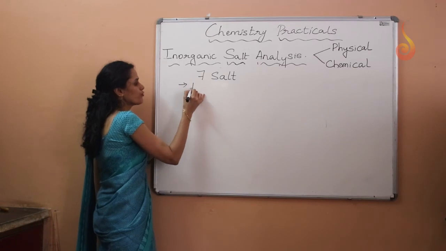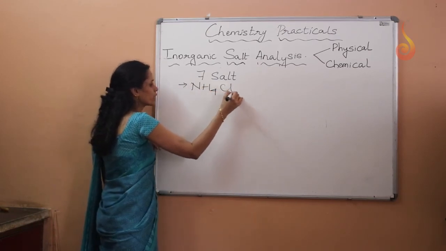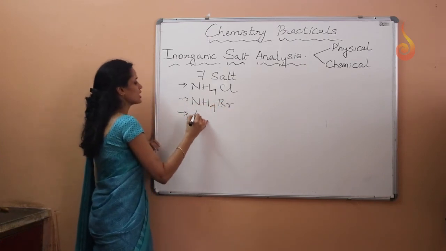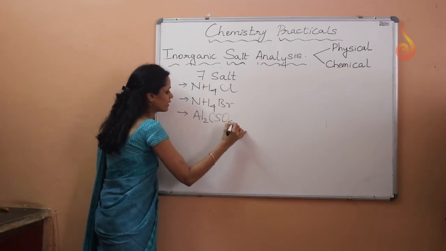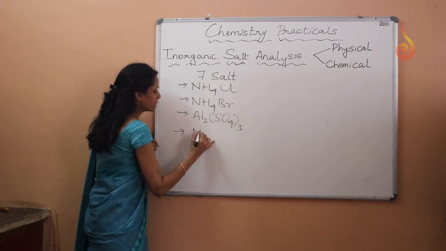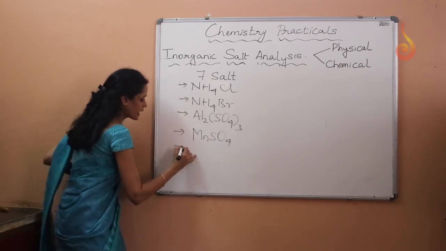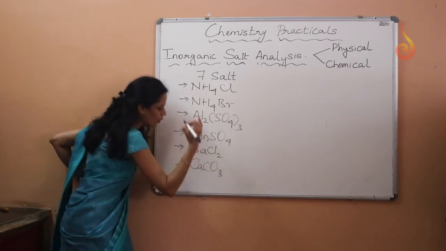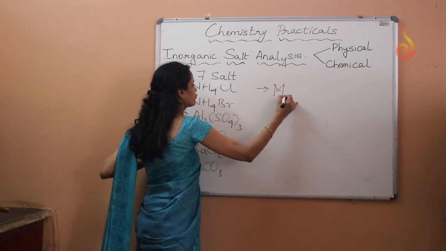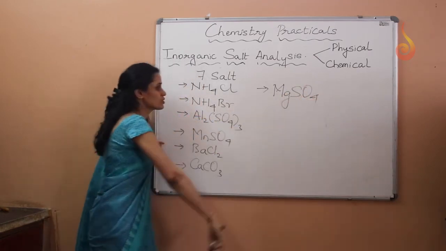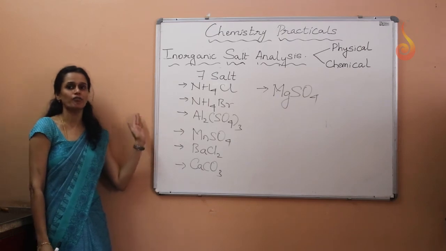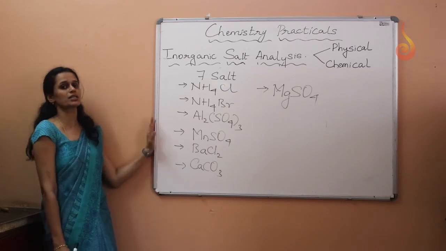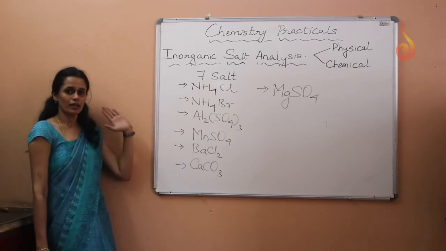First is ammonium chloride, second is ammonium bromide, then aluminium sulfate, then manganese sulfate, then barium chloride, then calcium carbonate, and finally magnesium sulfate. So these are the 7 salts we have for class 11. Apart from these 7, we also have 6 different salts, but we will study them in class 12.